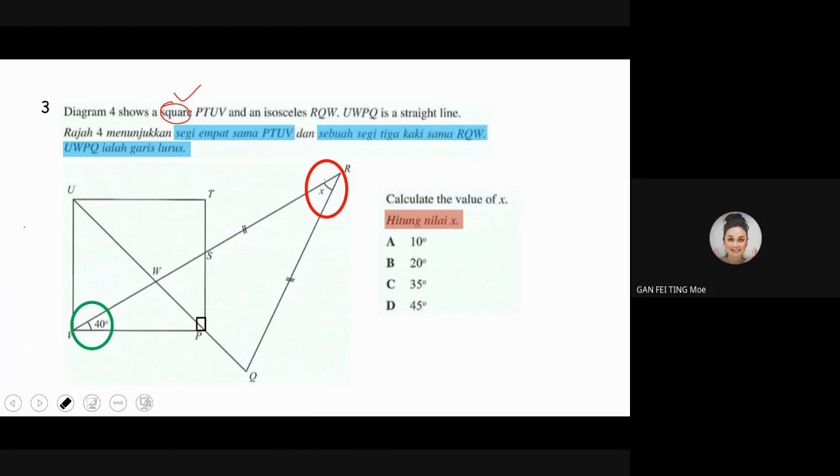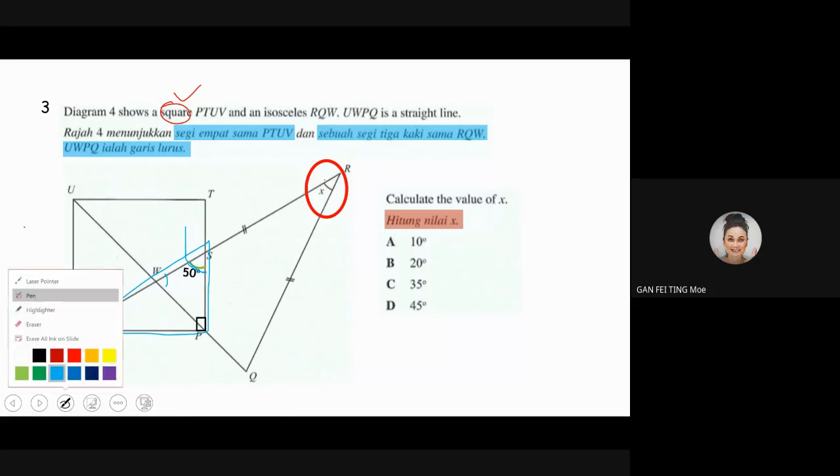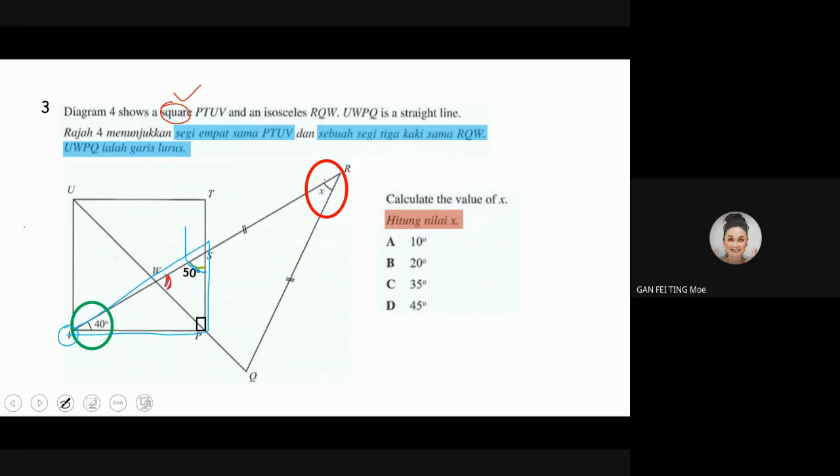So in the triangle VSP, you should be able to get this angle immediately, which is 50, right? When this is 50 degree, you want to know this angle, right?